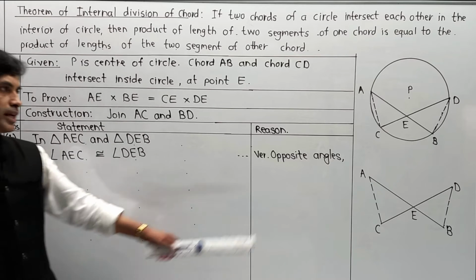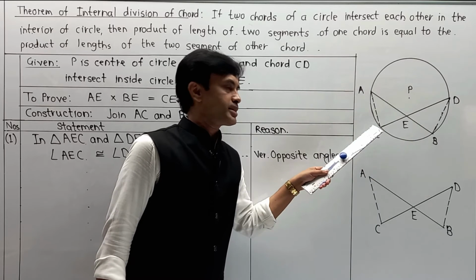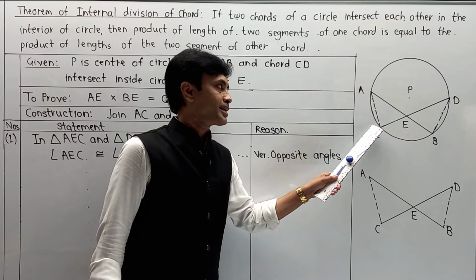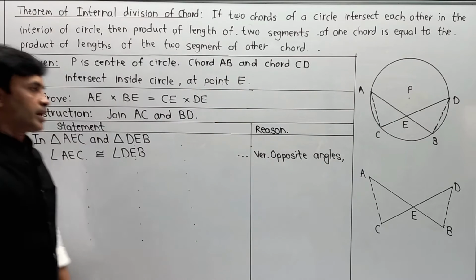Next, angle CAB is equal to angle BDC, but I am not going to write the total, I am going to write CAE equal to BDE.